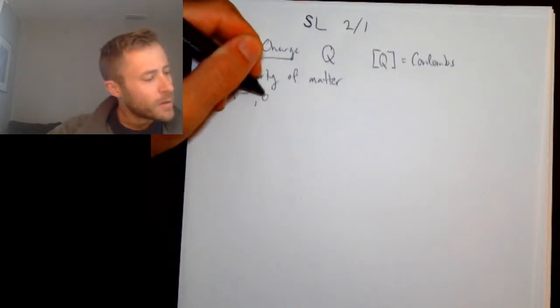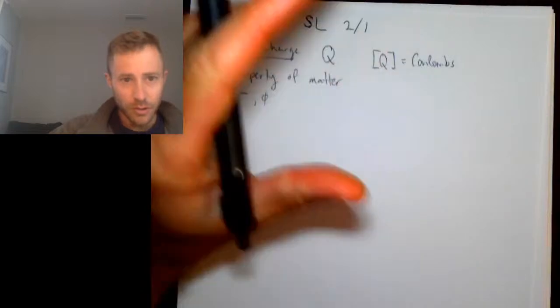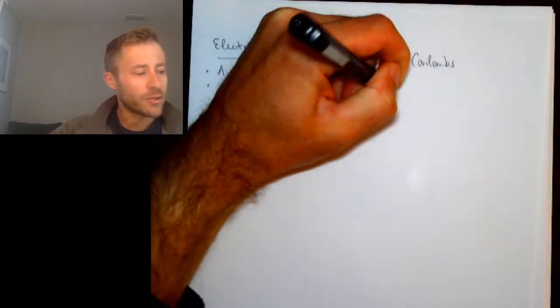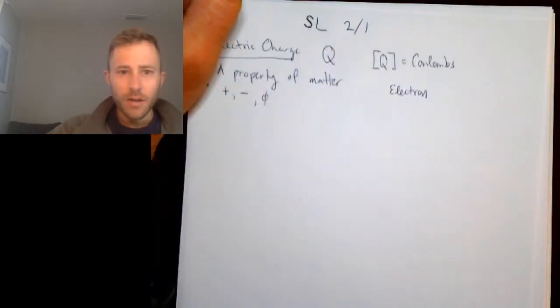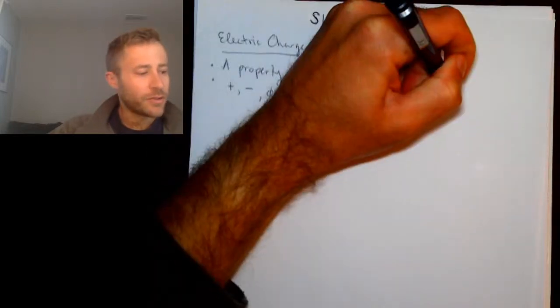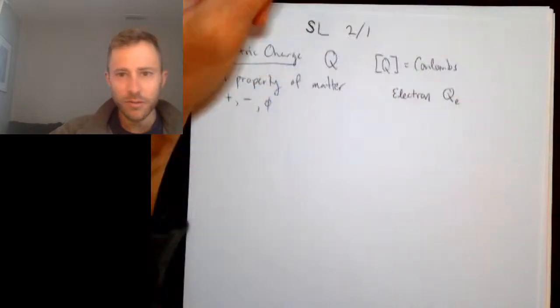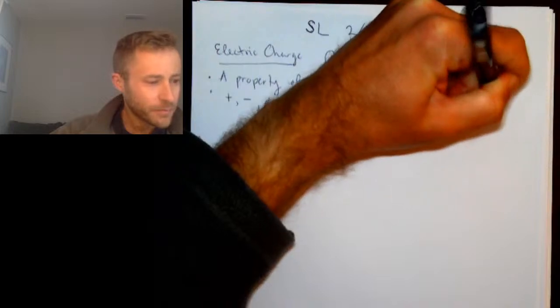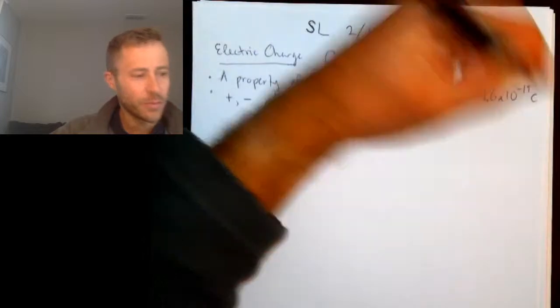Okay. So you have probably heard about the fundamental charges. For example, there's an electron. An electron has an electric charge, Q sub E for the charge of an electron, of negative 1.6 times 10 to the minus 19 coulombs.